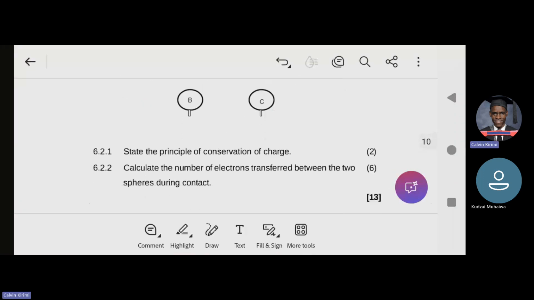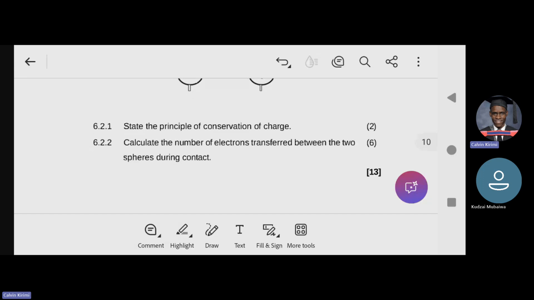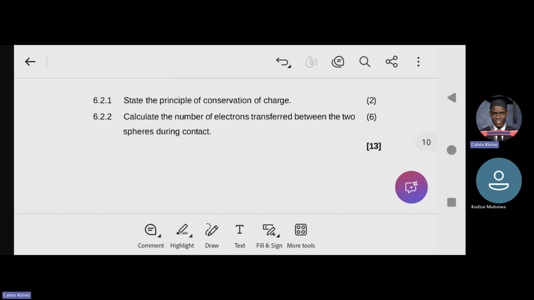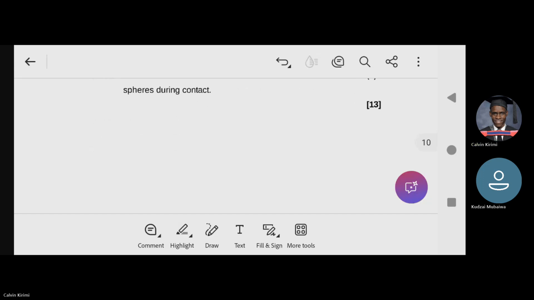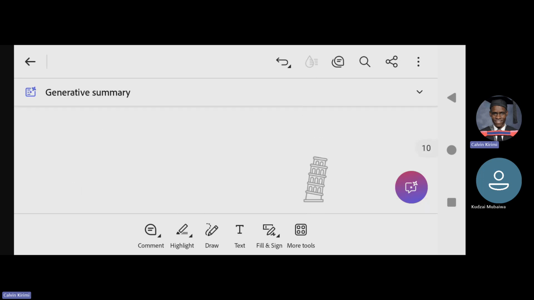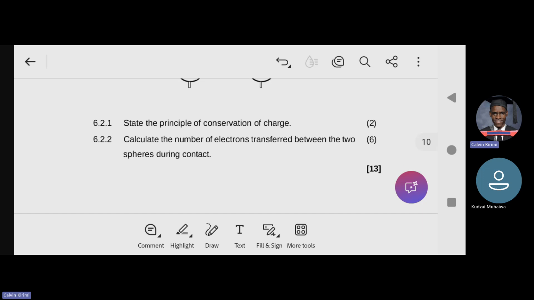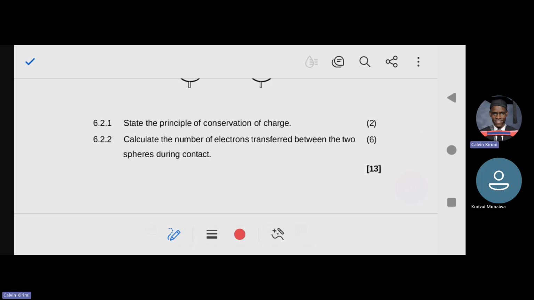The question is now saying the number of electrons transferred between the two spheres during contact. So this is the process of coming to the number of electrons that has been transferred. First, add the two charges. What do you get?